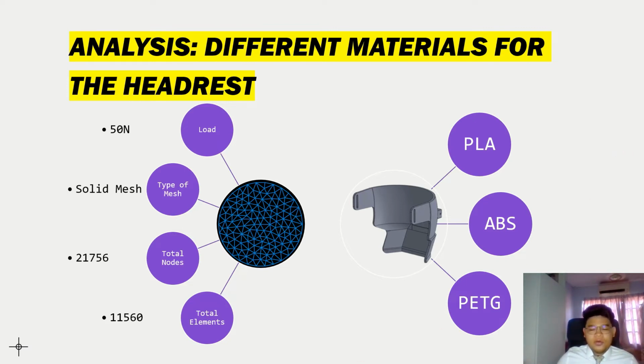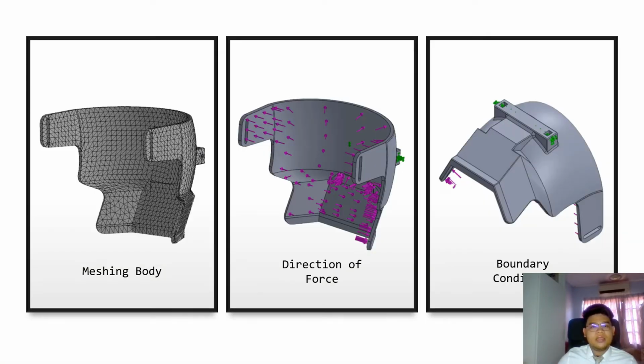And then for the pre-analysis, the load is 50 Newton, the type of mesh is solid mesh, and so on. Alright, and as you can see, this is the meshing body. The meshing body is 20,000 something elements, and this is the direction of force. The direction of force is 50 Newton.